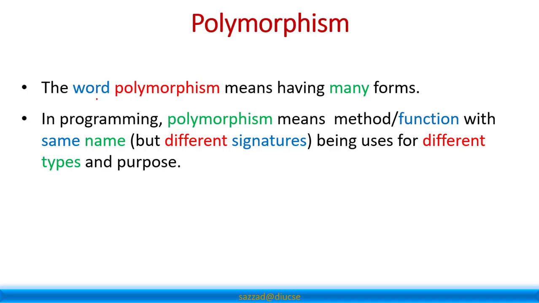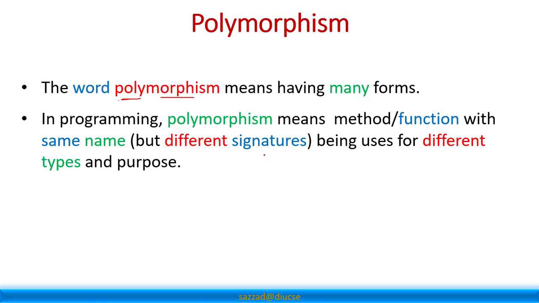Okay, so the word polymorphism means having many forms. Poly means many and morphe means forms. So, in programming, polymorphism means a method or function with the same name being used for different purposes, but with a different signature.